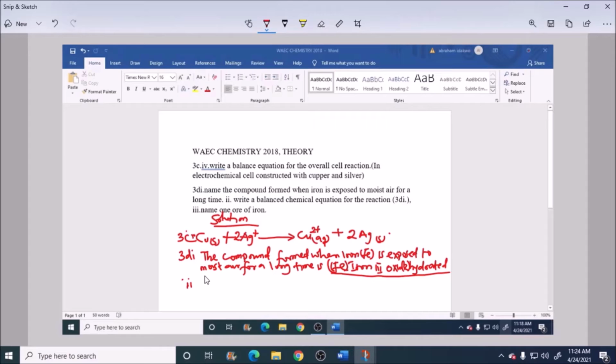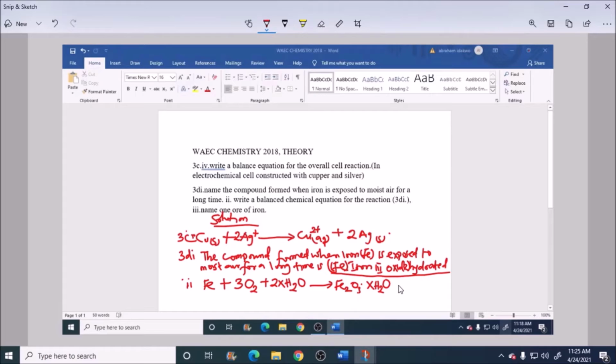So we have iron reacted with oxygen, then with 2 moles of water, that is 2 times H2O. Then we have iron 3 oxide dot x moles of water of crystallization.